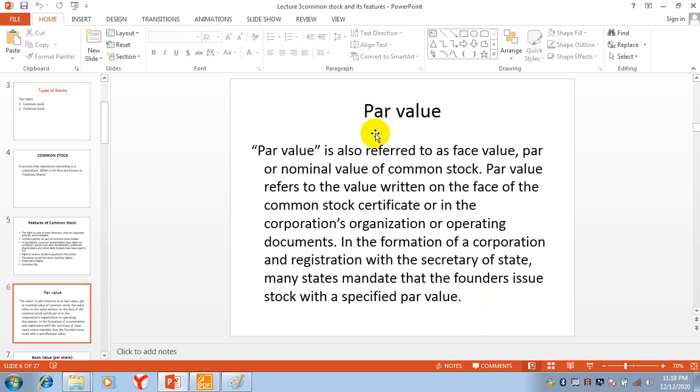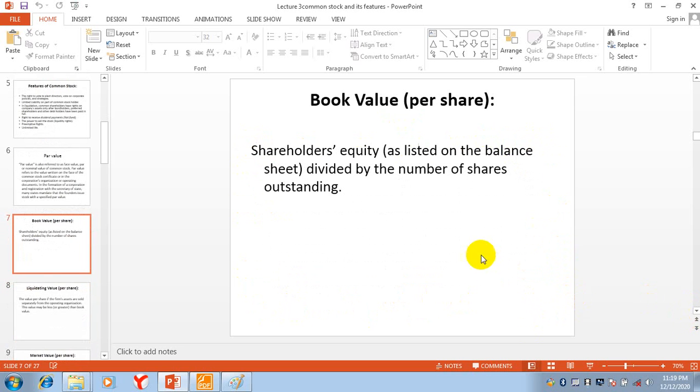So this face value is basically just like a 100 Afghani note. Something is written, 100 is written, that is basically the face value. Same is the case with the share certificate, that there must be a face value on it. We call it face value or par value.